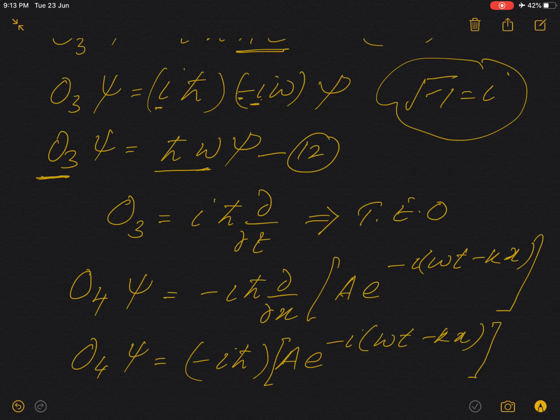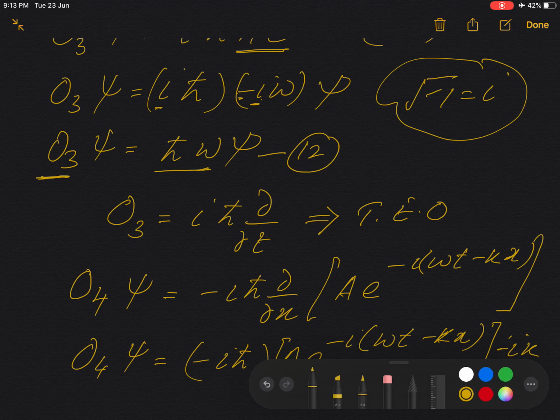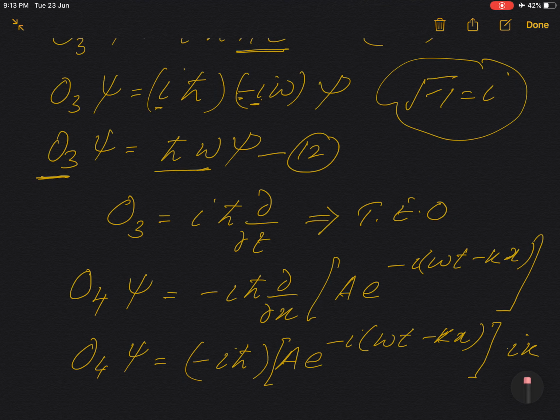And then differentiation of this quantity with respect to x gives us ik. Minus minus becomes plus, so it is simply ik. There is no minus because minus minus becomes plus.